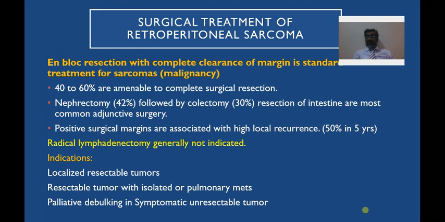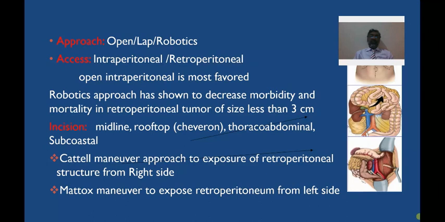Indications for surgical treatment are localized resectable tumors, resectable tumors with isolated pulmonary mets, and palliative debulking in symptomatic unresectable tumors. The approach can be open, laparoscopic, or robotic.